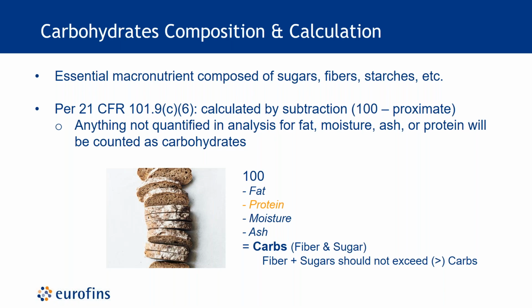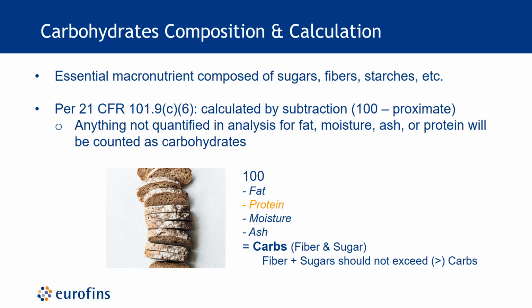I outline it below: when you take 100 minus fat, minus protein, minus moisture, minus ash, you get carbohydrates, which is generally a reflection of your fiber and sugars in the product, sometimes starches and other things. What's key to remember here is that fiber and sugars, because they are types of carbohydrates, individually or together, should never theoretically exceed carbohydrates because they are subclasses of them.